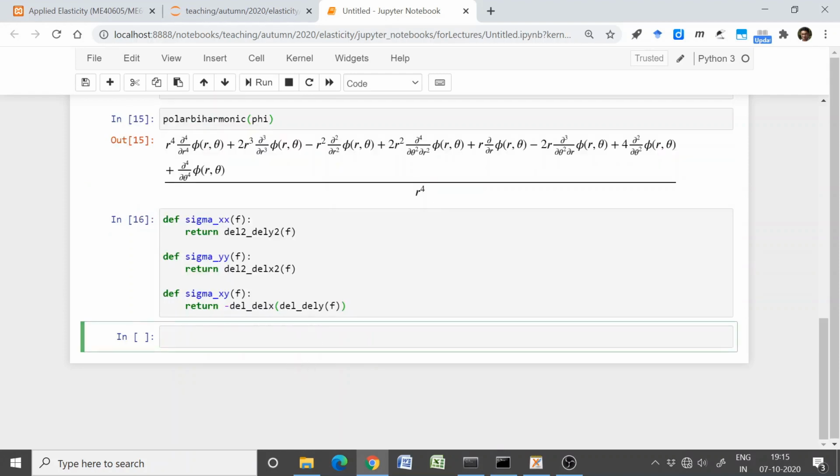What we'll do is we'll set up our stress matrix using this sigma xx, sigma yy, and sigma xy. So let's set this up.